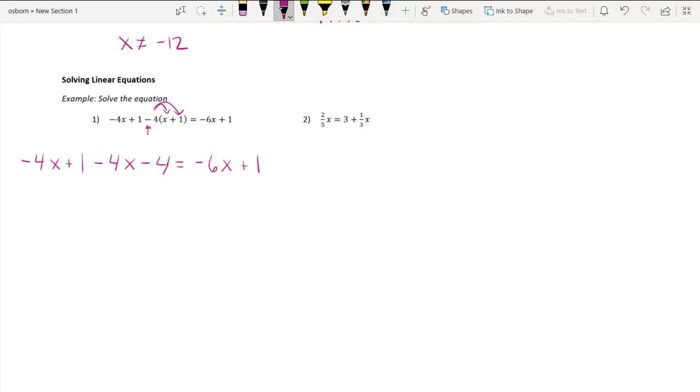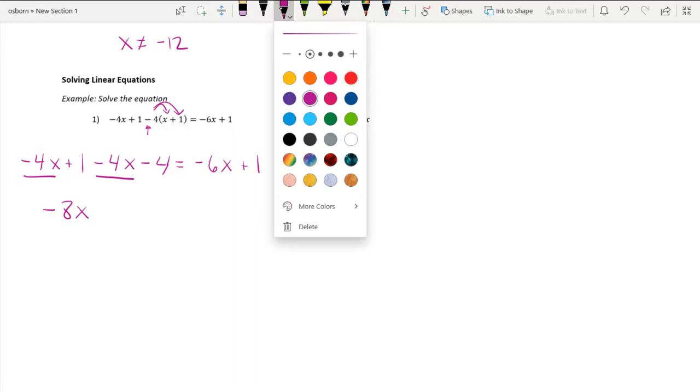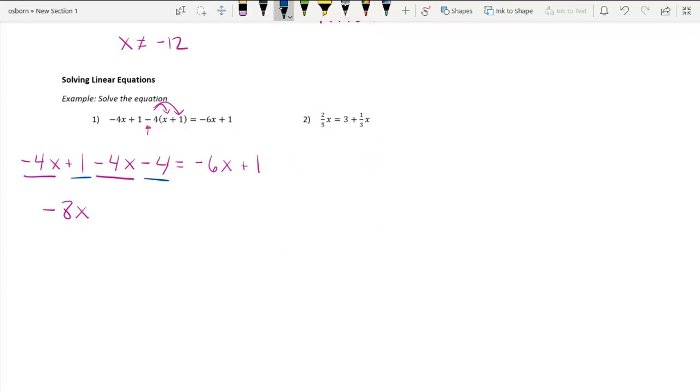All right, so now I'm going to go ahead and combine my like terms on the left side. So I've got negative 4x and negative 4x. That gives me negative 8x. And I've got the plus 1 and the minus 4.